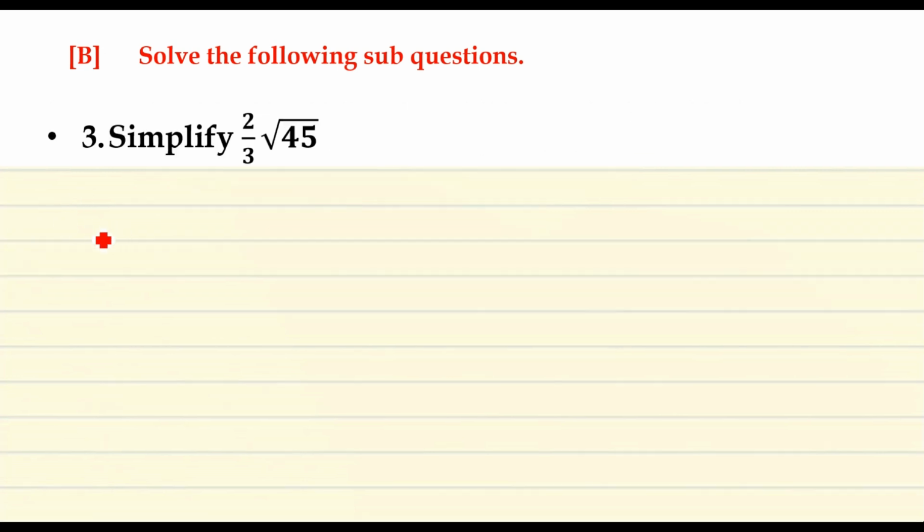The next question is simplify 2 by 3 under root 45. Simplify means you have to write the number in simplified form, it should not be further divisible.